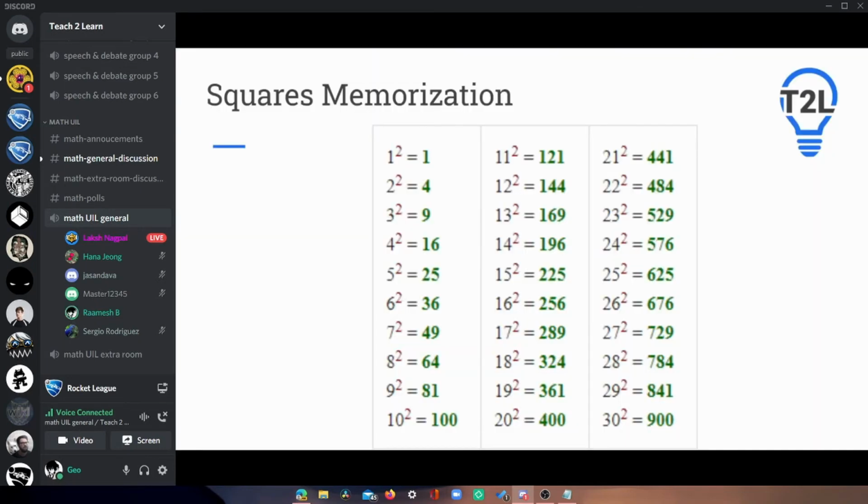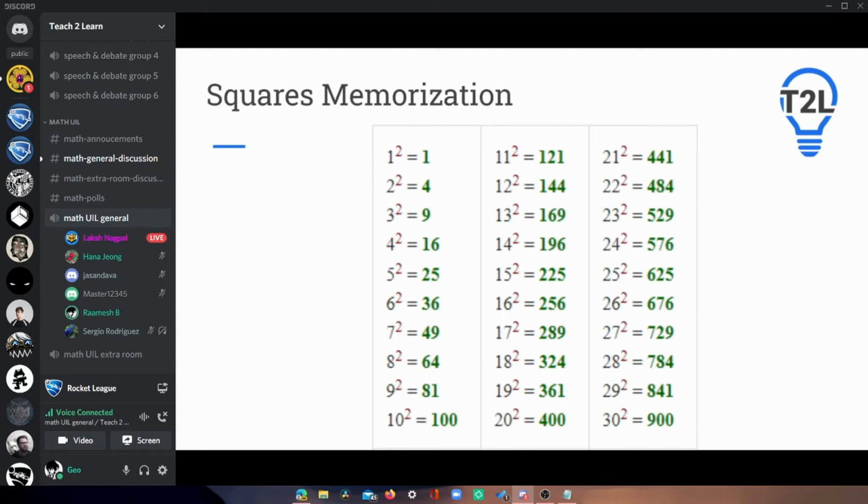Okay, it updated. So, squares memorization. What I would personally recommend is if you can add really, really fast, then you don't exactly have to memorize squares, because then you can add odd numbers. A cool trick with squares is that squares are the sum of odd numbers.